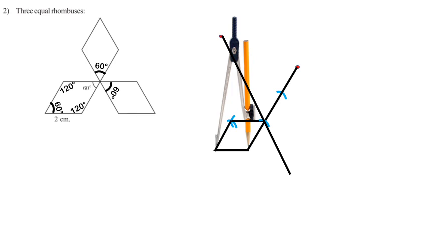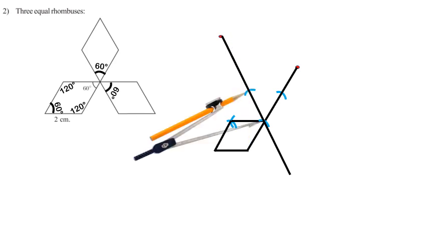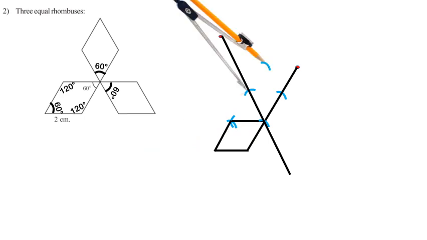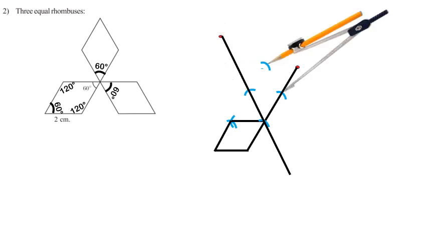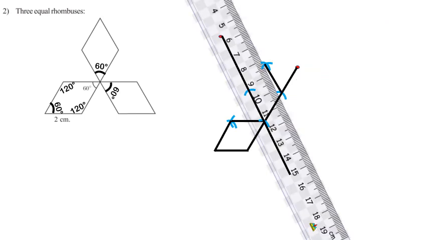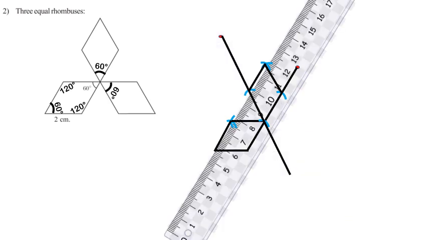Then again take 2 centimeters in our compass and draw an arc to the second slanted line. Then keep this point as center and draw another set of arcs like this to the upper side. When we join these intersecting points, we get the second rhombus.